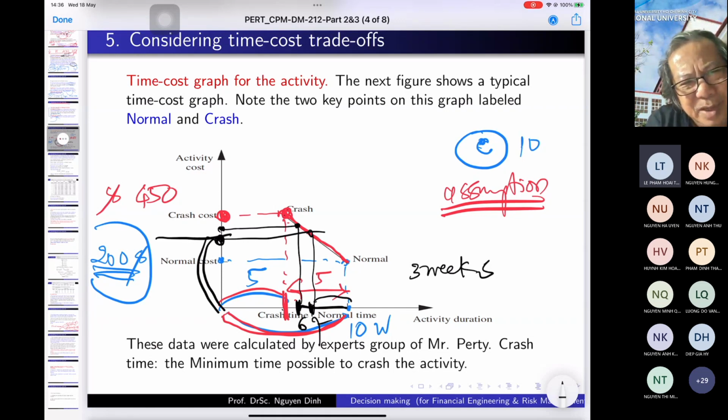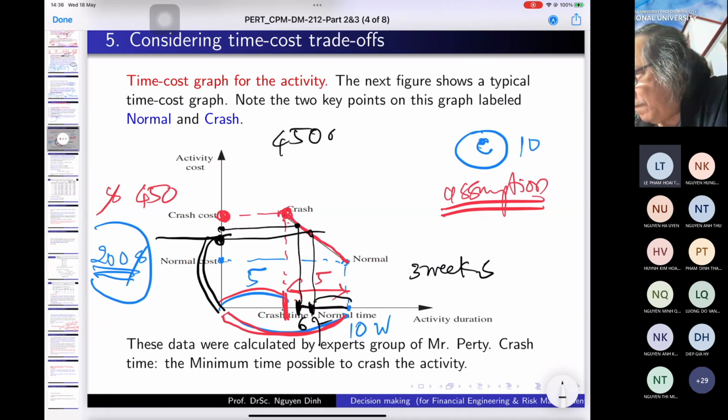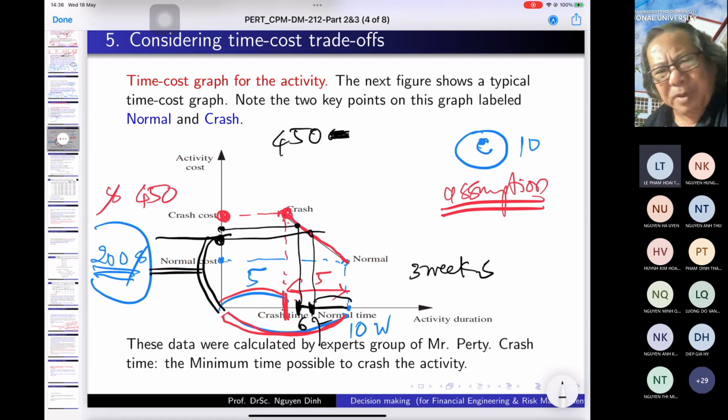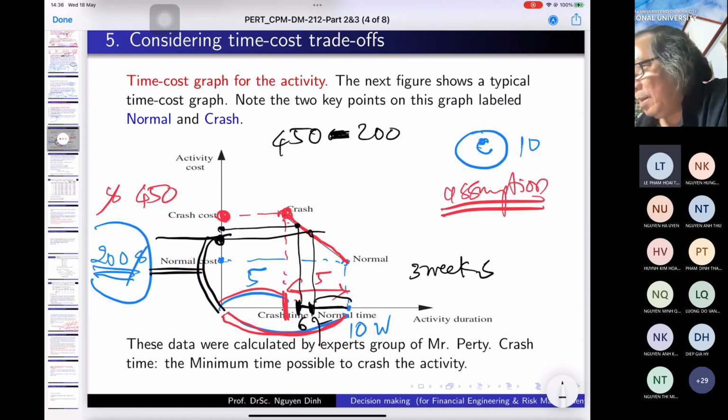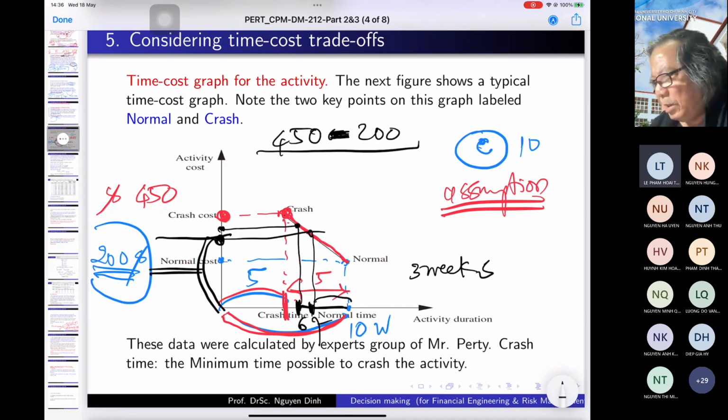Is that okay? And then the difference between the base cost, this is the base cost for the normal cost. The normal cost for the normal duration of 10 weeks is 200. And this is for the reduction of 5 weeks.